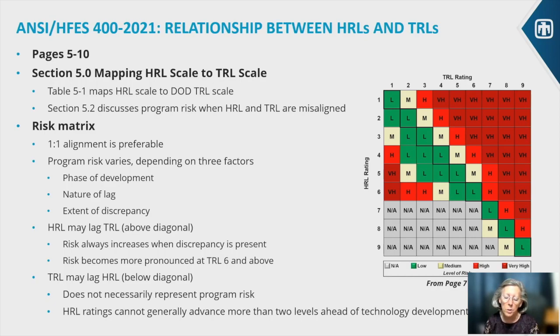And it's meant to be used to really communicate with the decision makers, the program managers, people outside the human systems community to say, look, if the HRL is lagging the TRL, here are the consequences.